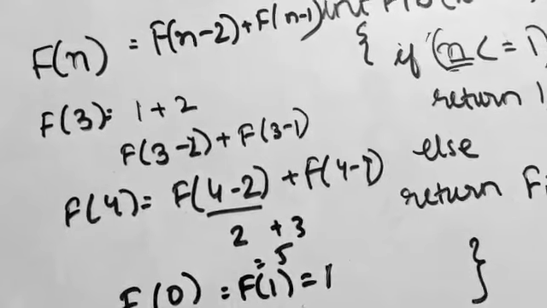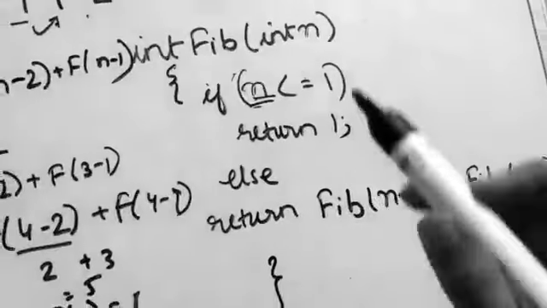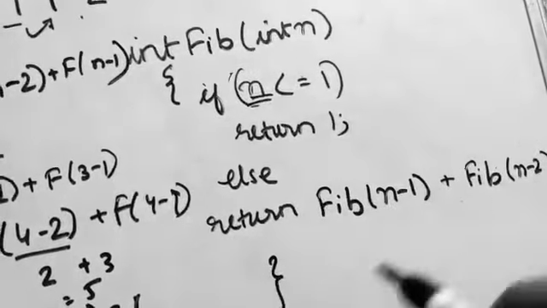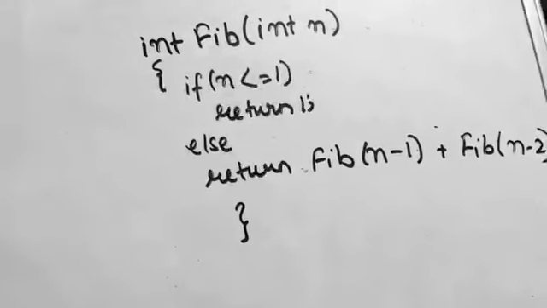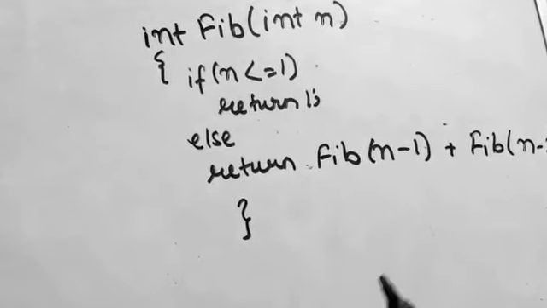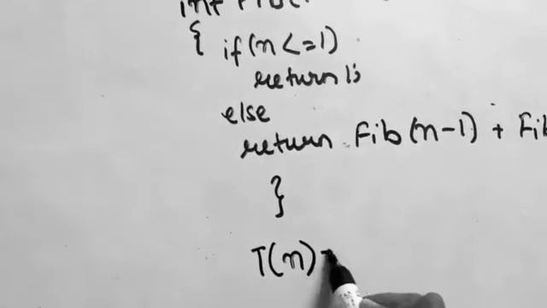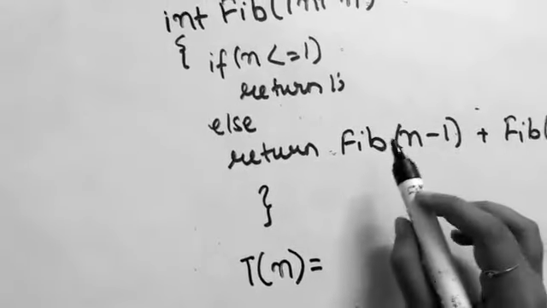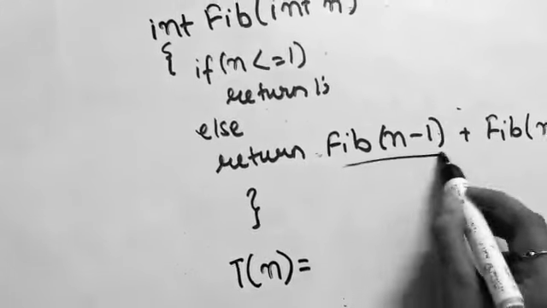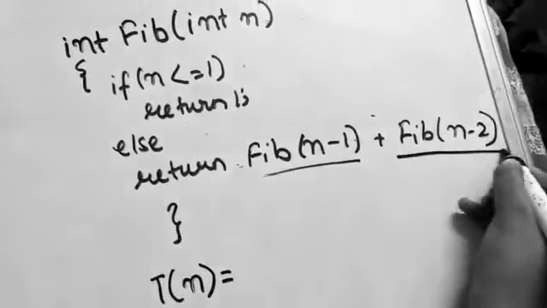So let us analyze the time complexity of this famous recursive function. Now for this given function, let us say we calculate the time complexity by T(n), and first of all we have the function called twice.